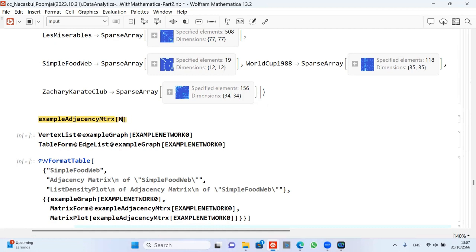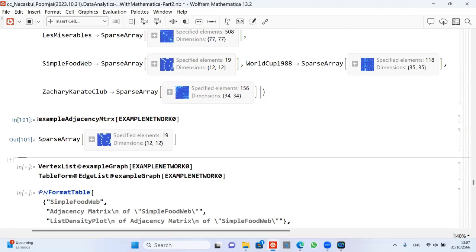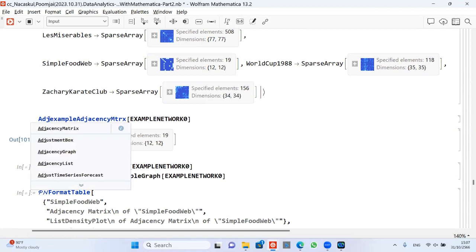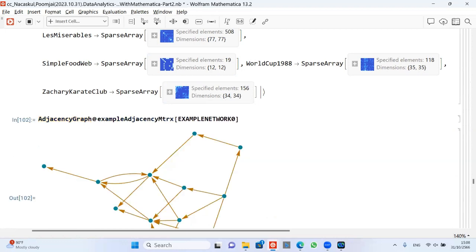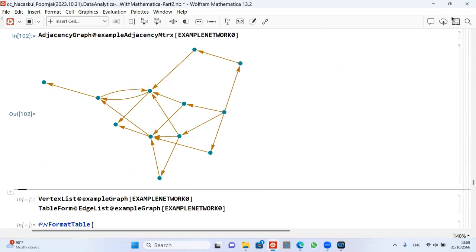Network example 2, okay? That's this. If I apply adjacency, okay, I get, you know, a similar thing, except this one I didn't have the label.